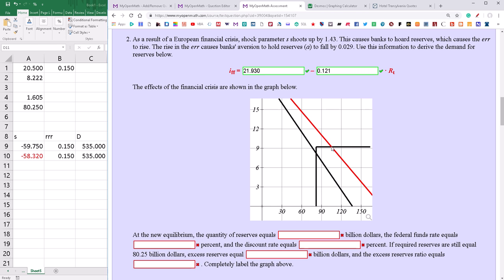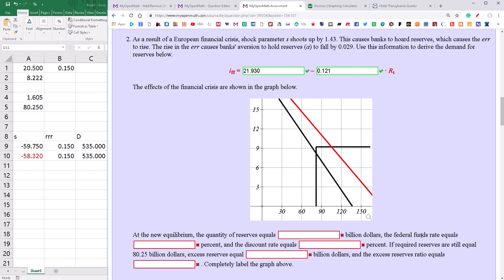If the Fed does not make discount loans, in other words, it doesn't make this binding, the interest rate will jump up to around 12%. But the Fed has set this binding price ceiling at 9.222, right? Now, the way the Fed keeps this price ceiling bound at 9.222 is it makes discount loans in the amount of the difference between this value here and the original level of reserves.